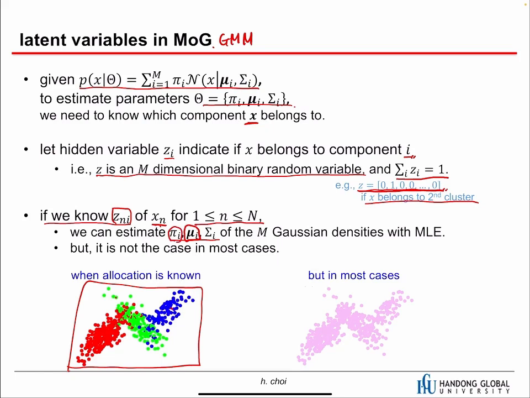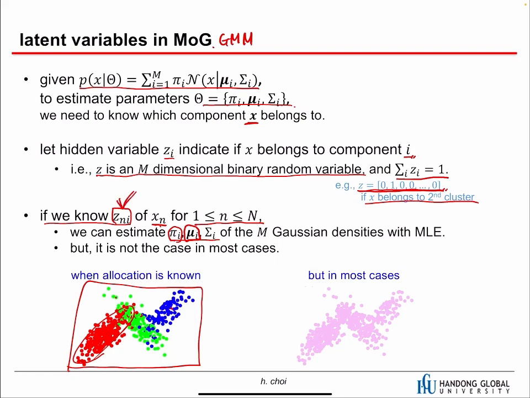So pi sub i can be based on the number of samples, and mu sub i can be just the sample average of the samples in the cluster, because we have this knowledge.